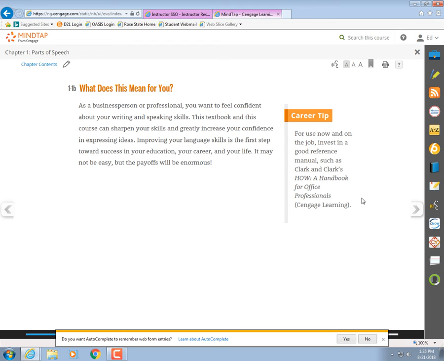It's a really good resource for you. It uses the Chicago Manual of Style, so it helps you with your capitalization based upon that particular style format. And any issue that you have, you'll be able to find in this particular handbook. So it is a good read, a good recommendation, something to keep by your desk whenever you're in the workplace.